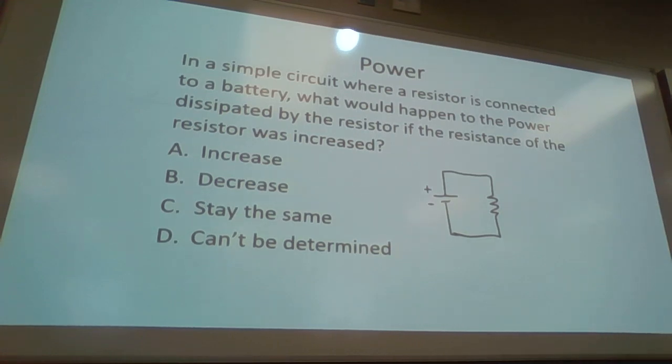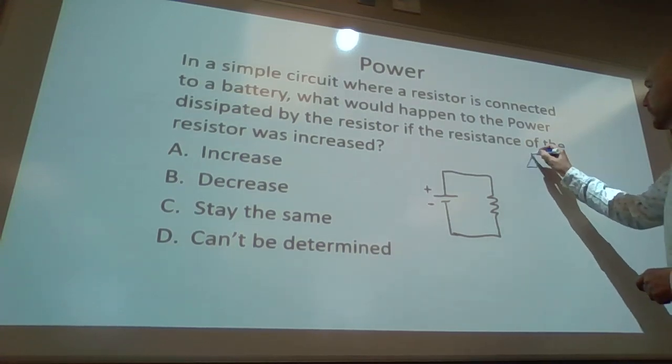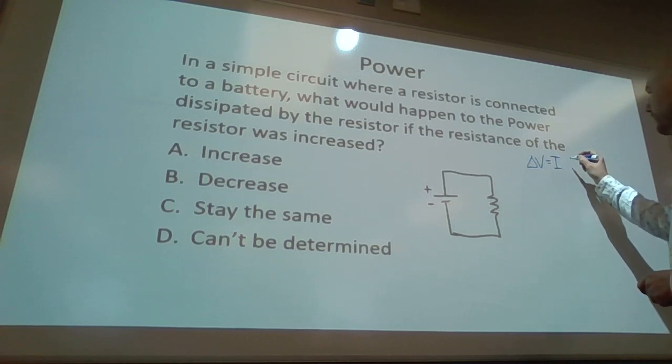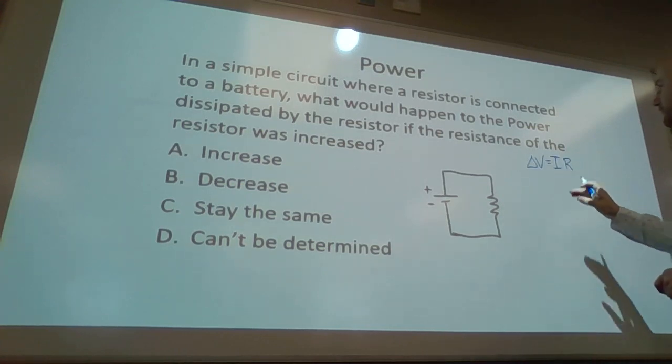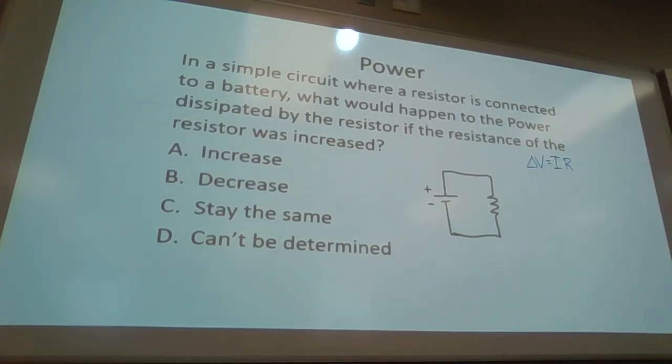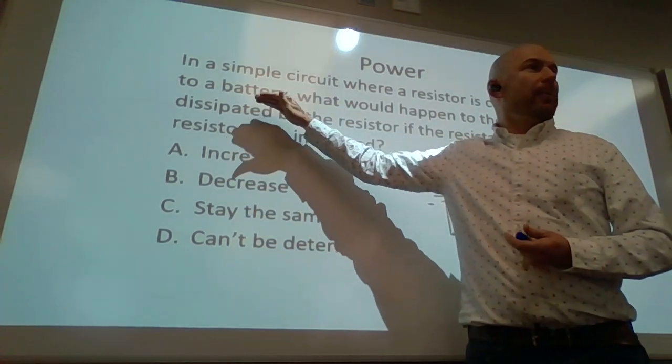Okay, I will show you the long way, the tried and true, and then the shortcut. For this, which of those three measurements are staying the same? The voltage. Why? It's determined by the battery.